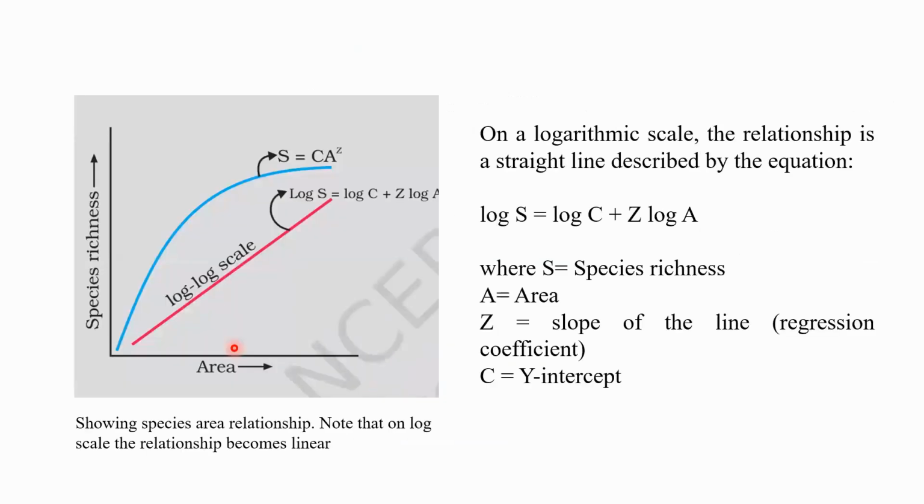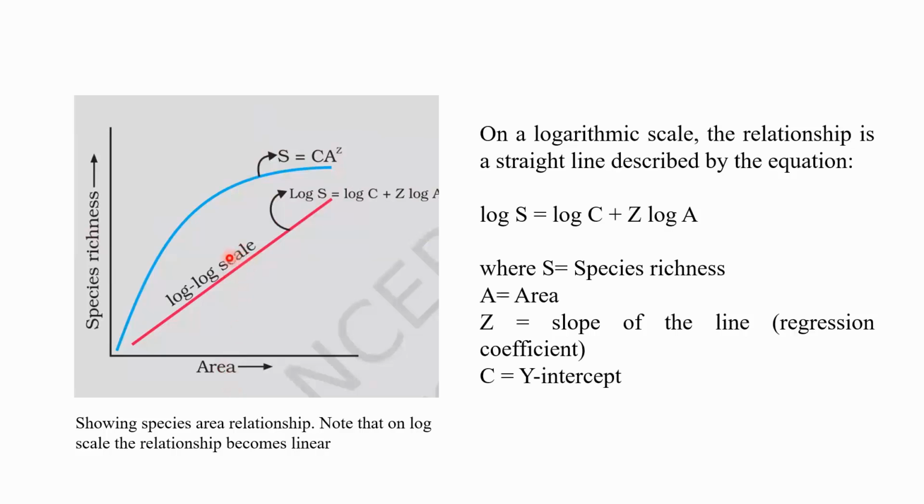So if I try to convert it on a logarithmic scale, this equation becomes a straight line equation that may be defined as log S is equal to log C plus Z log A. So this will be a straight line between the species richness and area.